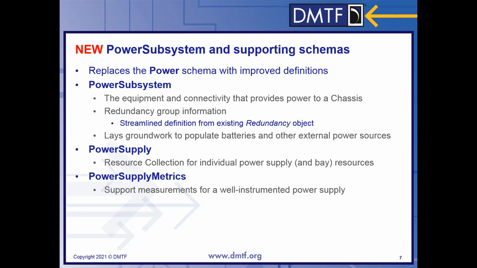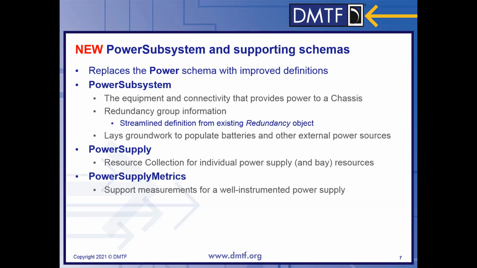But the main thing that it does was to move the power supply, which has a large amount of detail available to it, and there's certainly a lot of dynamic data as well as a pretty good set of static configuration data. So we wanted to get that separated out and to also make it look like the rest of the Redfish schemas. So power supplies have now been moved to a resource collection. So each power supply gets its own resource. There's a separate power supply metrics resource that is related to each power supply.